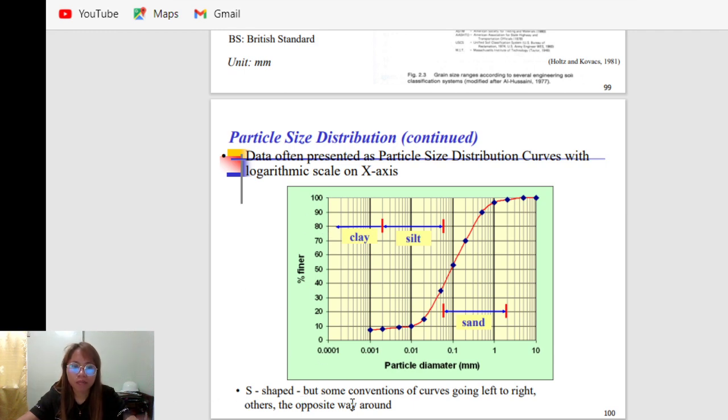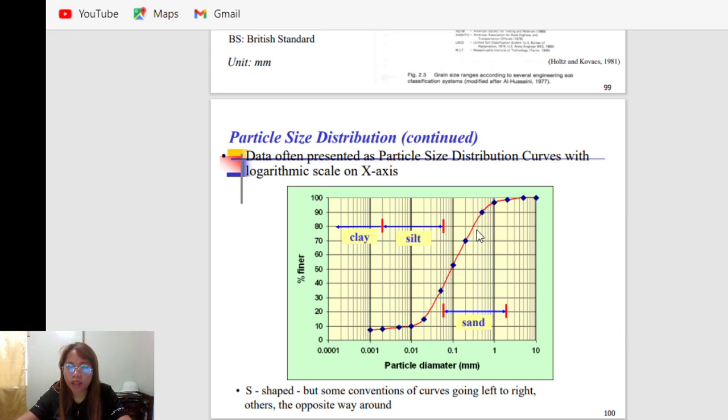The curve has an S shape, but some conventions draw curves going left to right, others the opposite way around. So it depends on the arrangement of the logarithmic scale on the x-axis, but usually it is this shape.